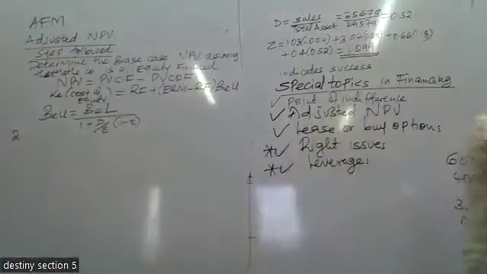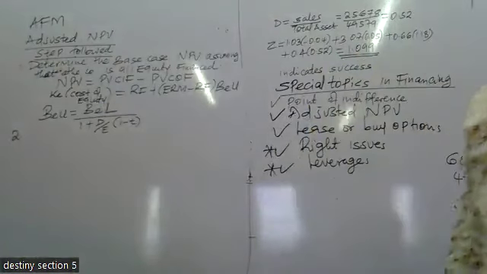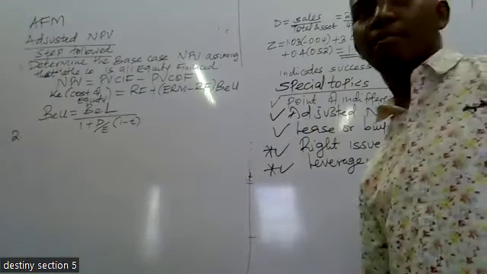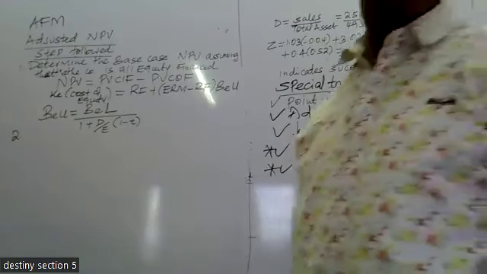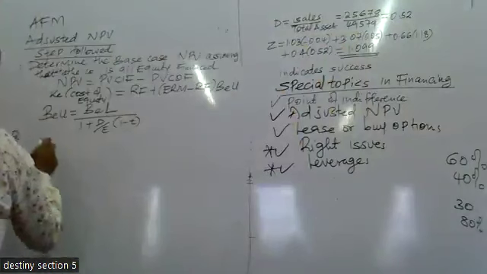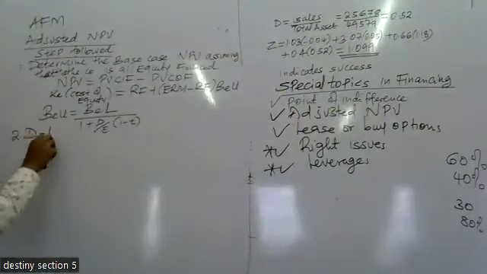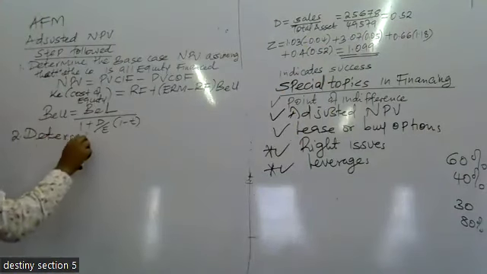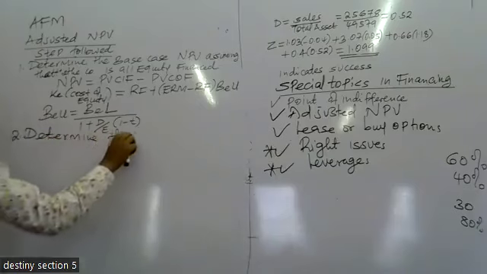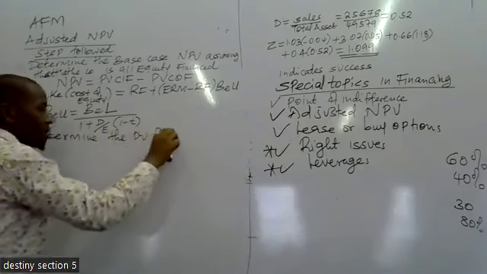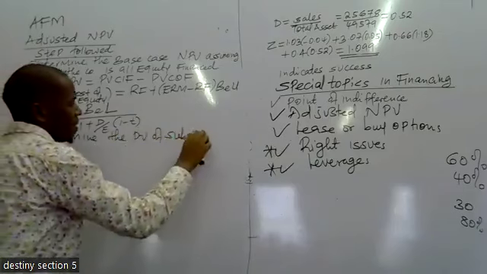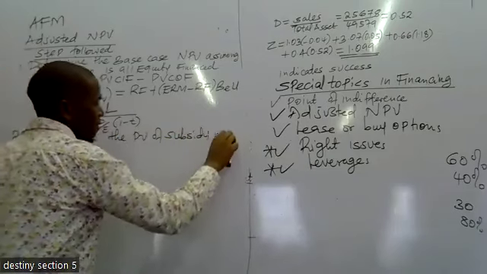Step number 2, determine the present value of subsidy. And this is net of what?